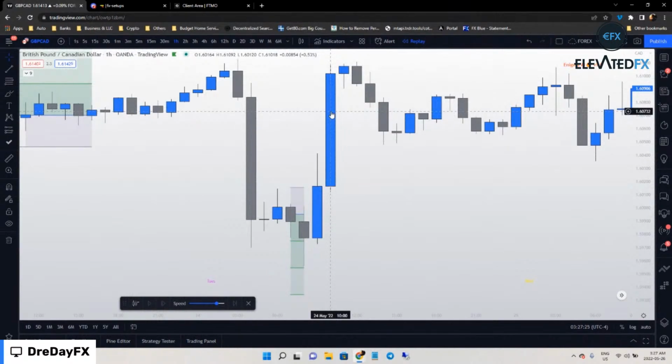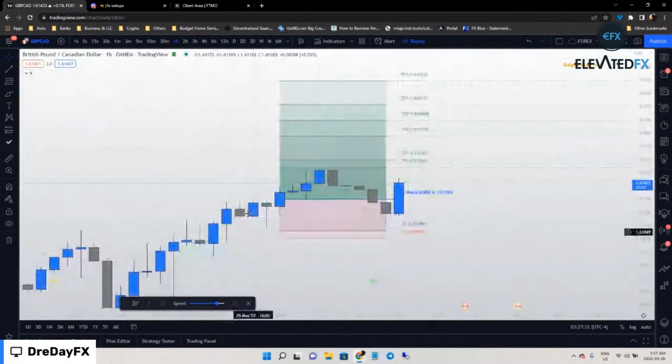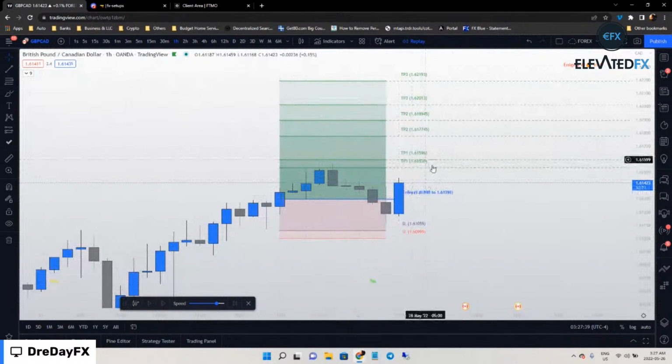So let's see. Same principle here. So buy and entry here. Okay, so buy TP1. It seems like it's still going to continue going up.